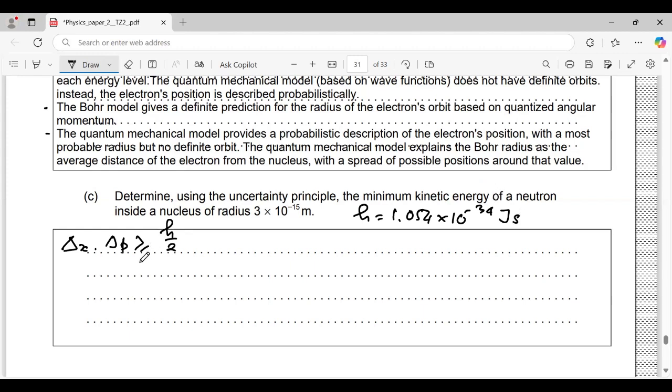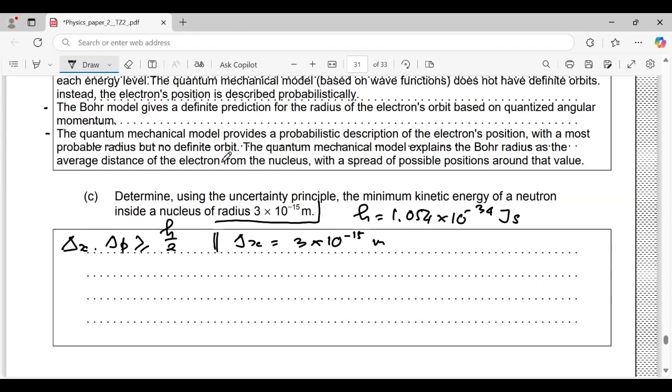For a neutron inside a nucleus, we can take the uncertainty in position, delta x, to be approximately the radius of the nucleus. That is, delta x equal 3 times 10 power minus 15 meters, based on this information.